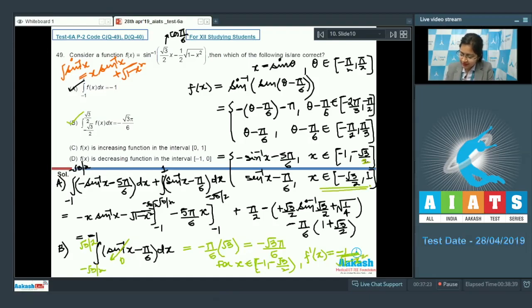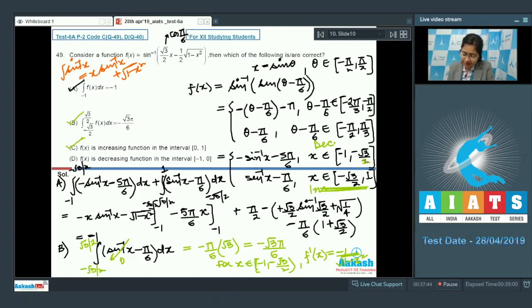Also, for the other interval, it can be seen that its differentiation is 1 upon under root 1 minus x square, which means that it is increasing for the second interval, but it is decreasing for the first interval. So, in the given options, it has been given that it is increasing from 0 to 1, which is true.